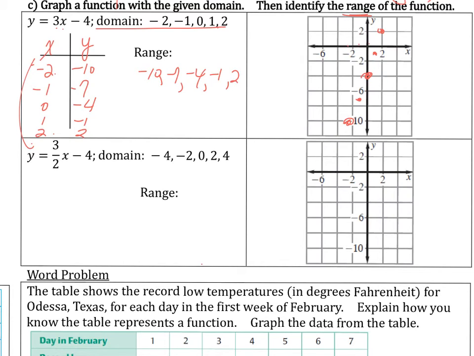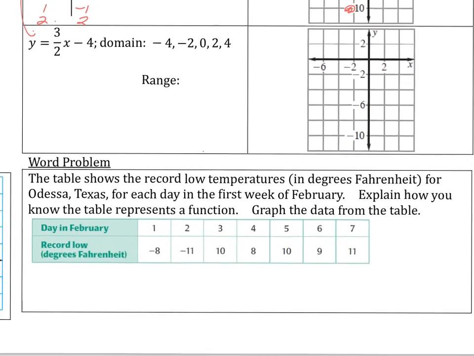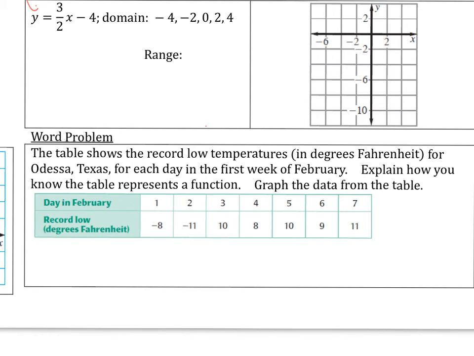And let's take a look at another one. y equals 3/2 x minus 5 in the given domain. I'm going to make a t-chart. When I substitute -4 into this equation, -4 times 3/2 gives me -10.